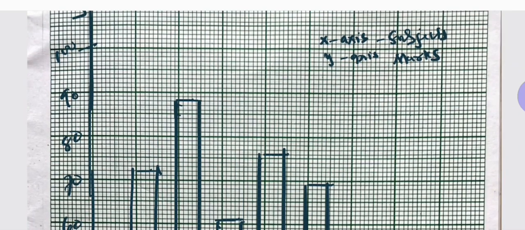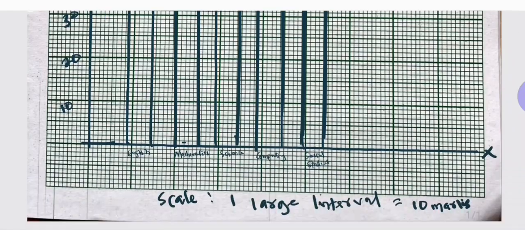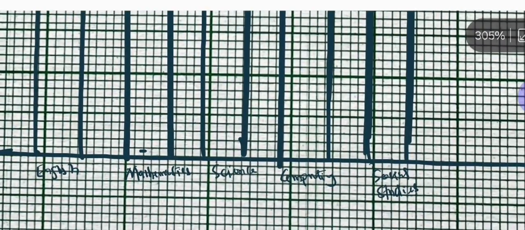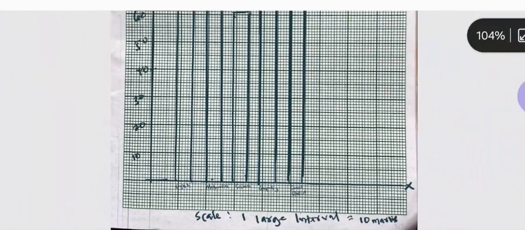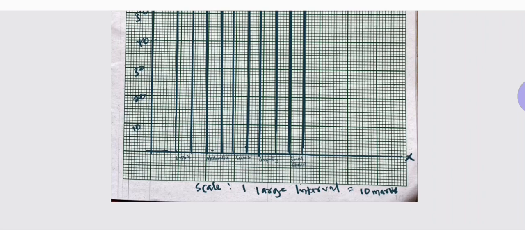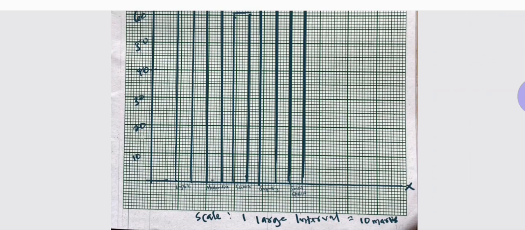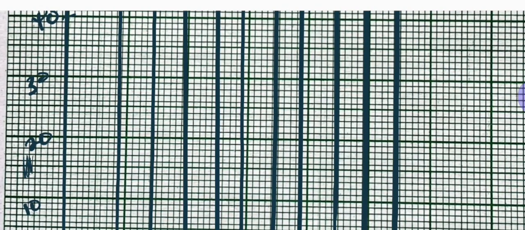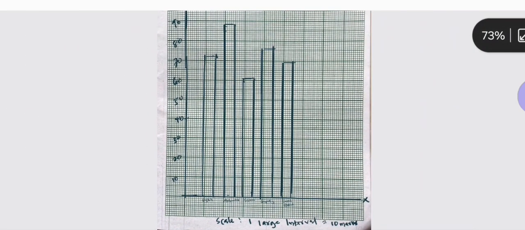You have your x-axis, which is the subjects, y-axis, which is the marks, and then you have your subjects under here: English, math, science, computing, and social studies. And then the scale is 1 large interval equals 10 marks. So the intervals are the ones on the left. These are the intervals. Each interval is 10. Okay, so that's how you draw the graph.